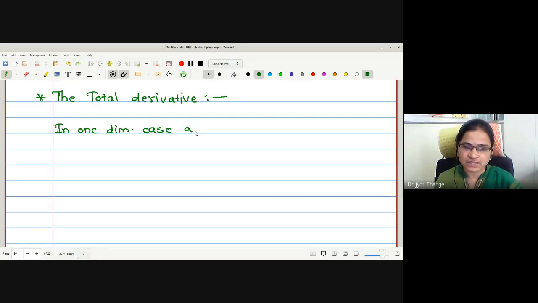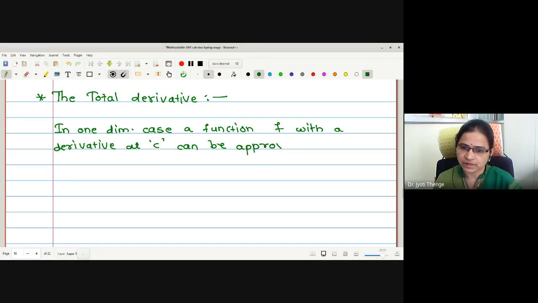In the one-dimensional case, a function f with a derivative at c, if the derivative exists, can be approximated near c.